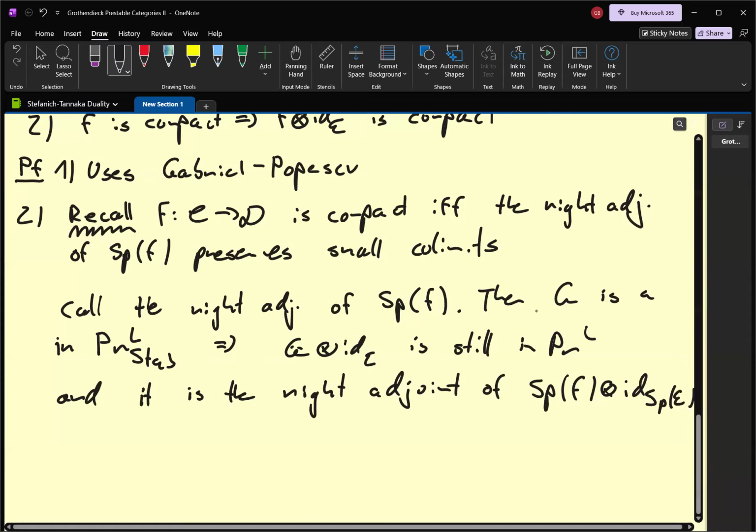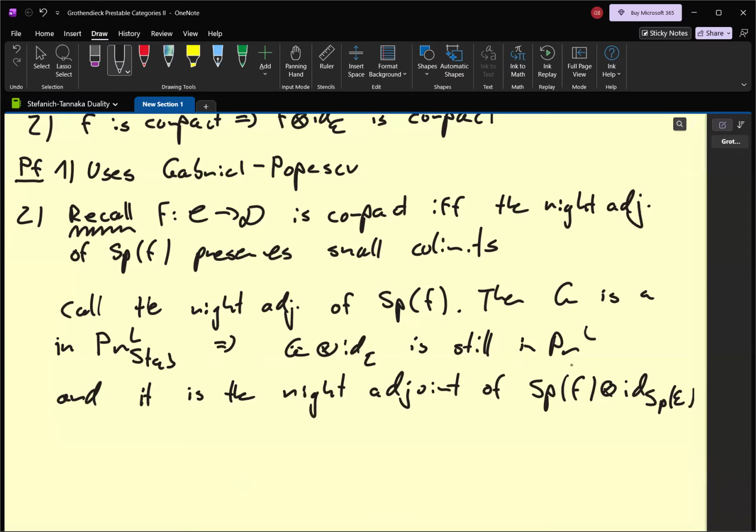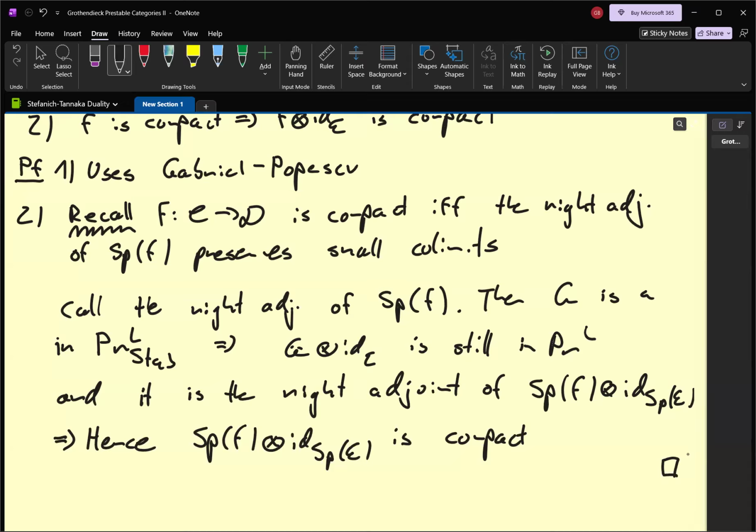But now we're in business, because G tensor the identity of E being in PRL means it's colimit preserving, or it's equivalent to being colimit preserving. So the right adjoint of this guy here is colimit preserving, and hence by this observation above, SPF tensor the identity is compact.